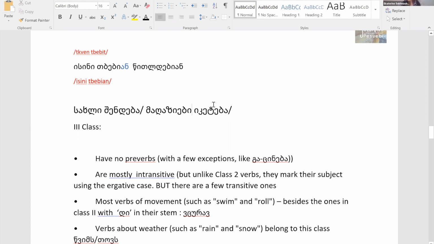Okay, so animate plural nouns take a plural verb. Inanimate plural nouns take იკეტება, not იკეტებიან.